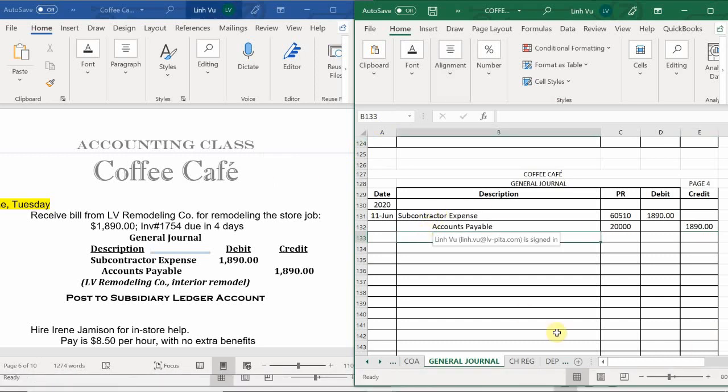So who did I receive a bill from? From LB Remodeling.